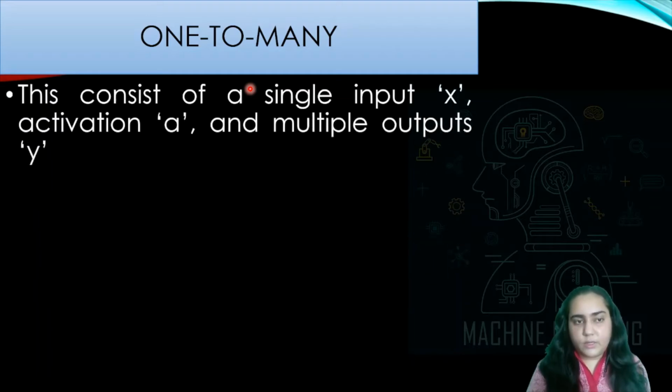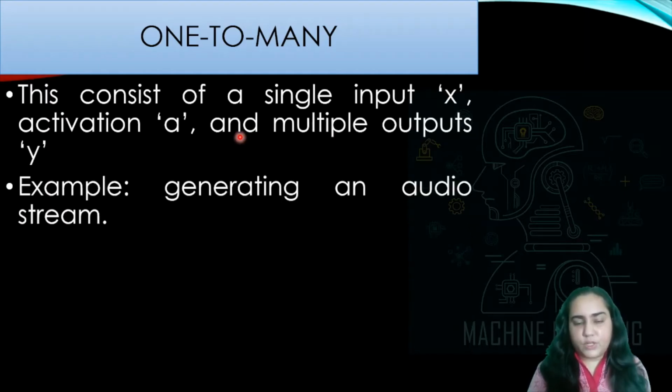The next architecture is one-to-many. So this consists of a single input X, activation A, and multiple outputs Y. So once again, the input is only one. There is only one activation function, but there are multiple outputs.